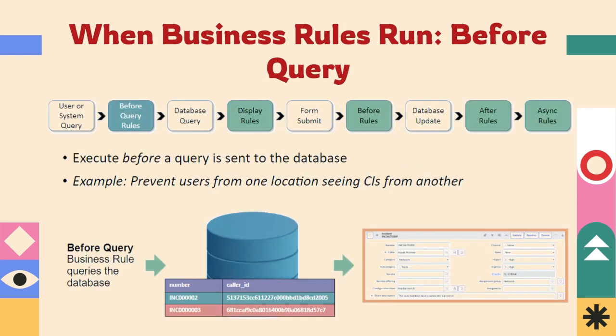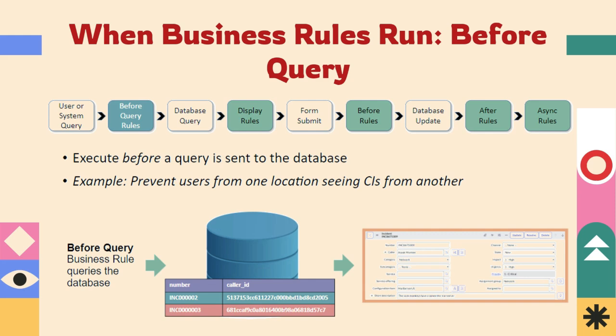We can see when a business rule runs on before query, whenever we are requesting any data from the database, it will be executing when a query is sent to the database. So it will display all the data whatever we are requesting from the database.